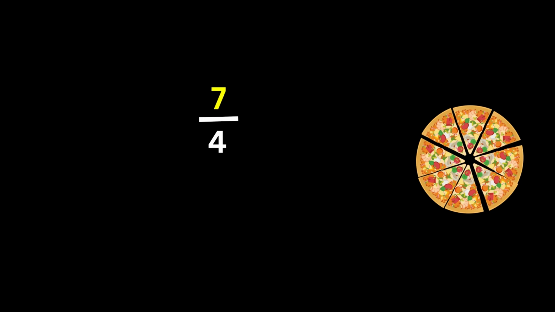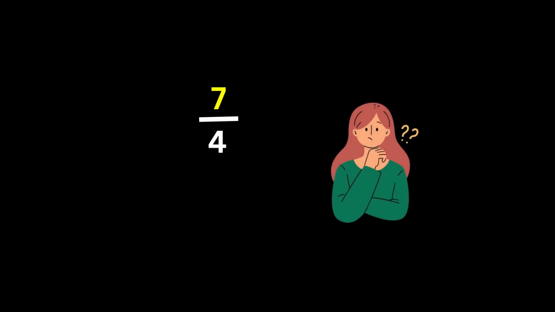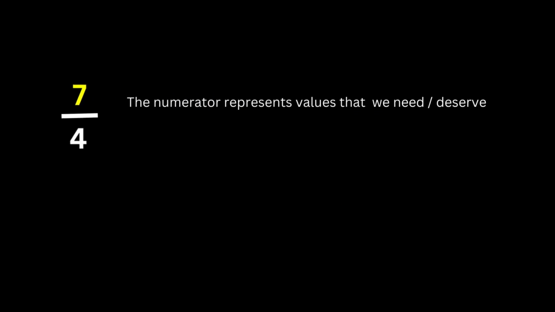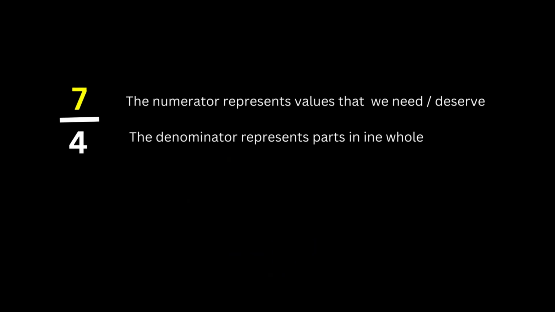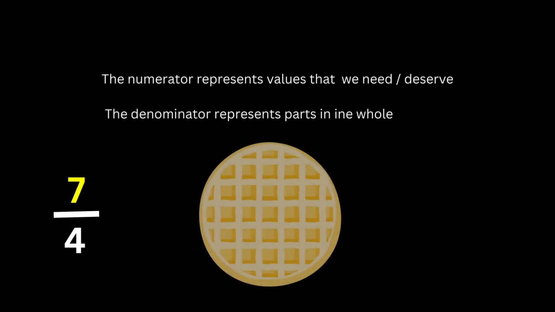Look at this number 7/4. What does that mean? 7 out of 4. Remember what I said about numerator and denominator? The numerator represents the parts that we are talking about, while the denominator represents the parts in one whole. Let's take an Eggo here.